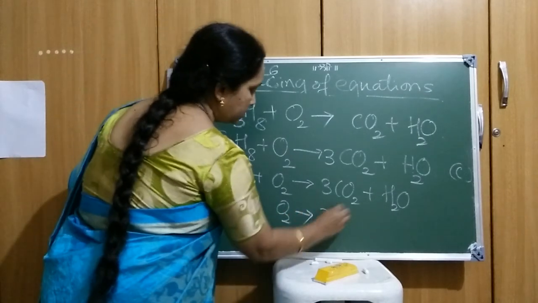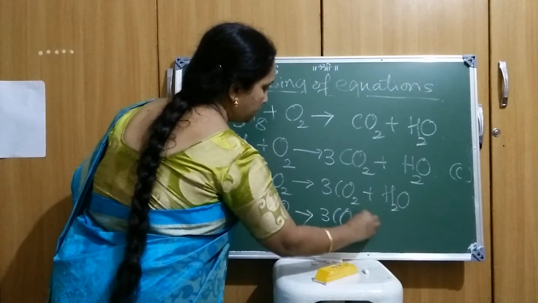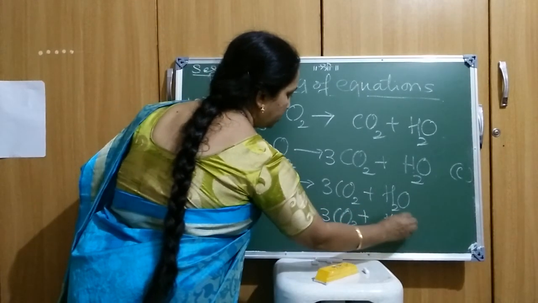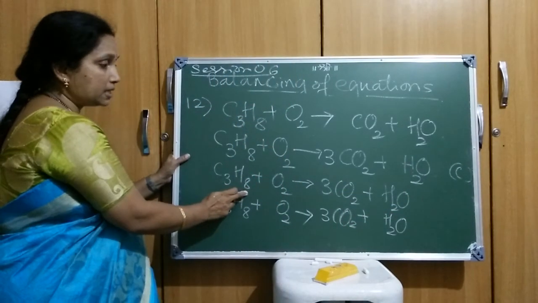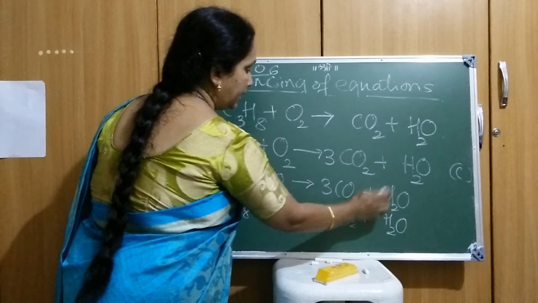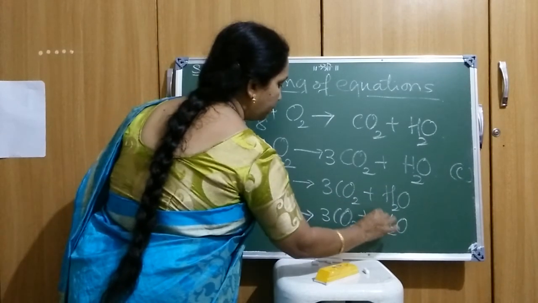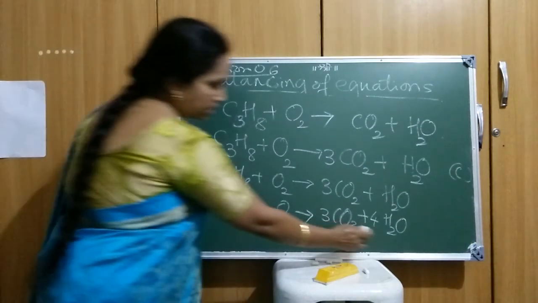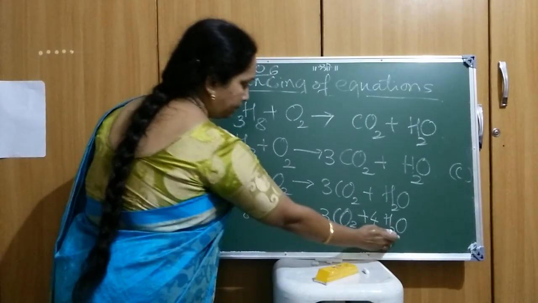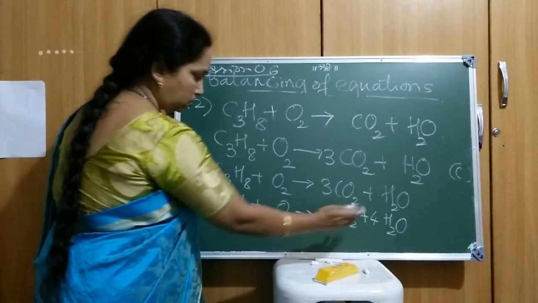So 3 CO2, these are already balanced, and H2O I'll write down. So the hydrogen is 8 here, to make it 8, I can write over here the 4. Yes, I can write here the 4. So you're going to see that 4 2s are 8, and oxygen, okay, later.